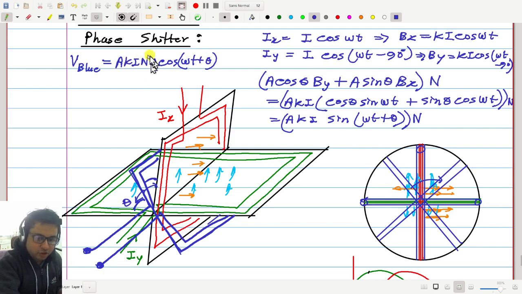So we have all these constants multiplied with a cosine term. That means we get a sinusoidal voltage in this blue coil, and you can change the phase angle of this voltage by changing this angle theta, the physical, mechanical angle between these two planes. That's how the phase shifter works.